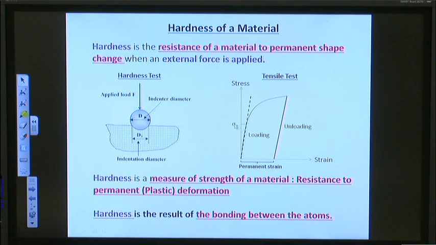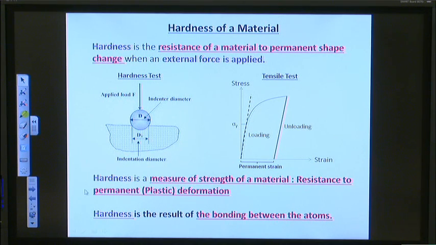Once sigma y, which is called the yield strength of a material, is reached, the behavior becomes nonlinear, and sigma y, or the yield strength, is also defined as the material's resistance to permanent shape change. Therefore, the hardness and yield strength of a material are directly correlated, and this can be expressed by a simple relation: hardness is equal to 3 times the yield strength.